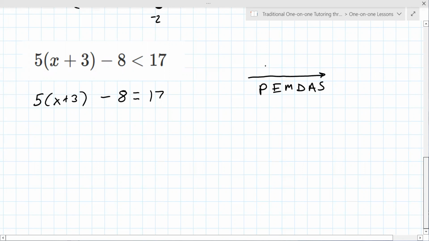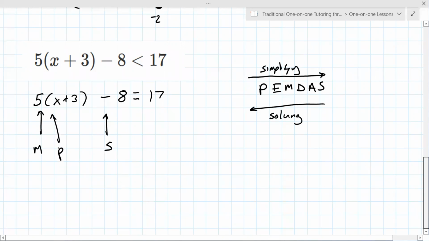You go this way when you're simplifying, but we're now solving, so you have to go back the other way. Right now you have to decide, do I undo subtraction, multiplication, or the parentheses? You start from right to left when you're solving. So you get rid of addition and subtraction first.